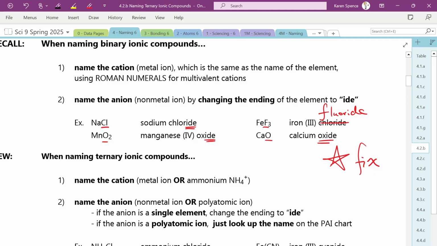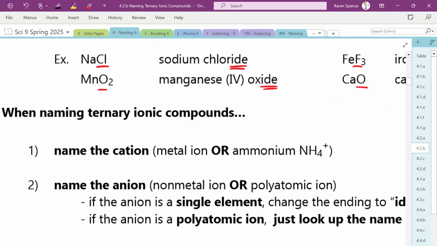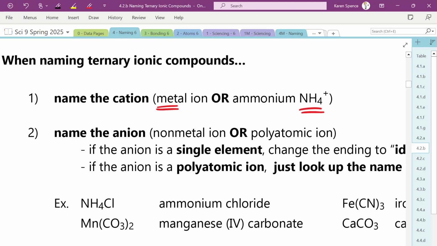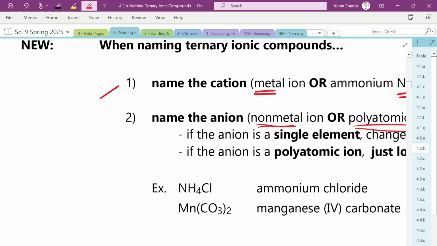Now, when we are naming ternary ionic compounds, you're going to name the cation. It's either going to be a metal or it's going to be ammonium. And then you're going to name the anion, which might be a nonmetal or it could be a polyatomic ion. How many ions do you need to name? 2. There's only 2 ions.